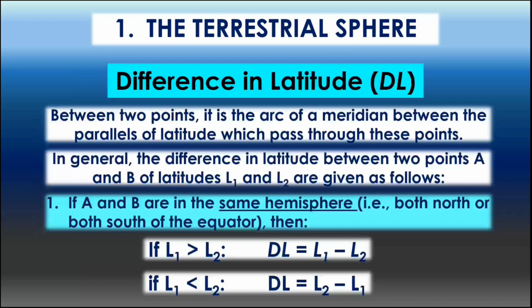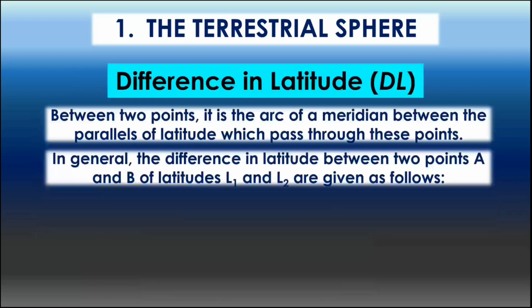To make it short, if the two points are on the same hemisphere, you simply subtract the smaller angular distance of the latitude from the bigger one.